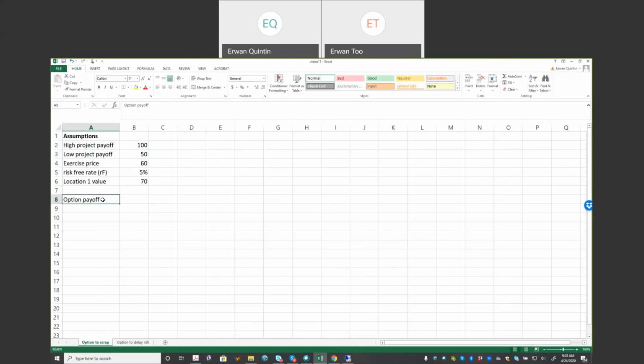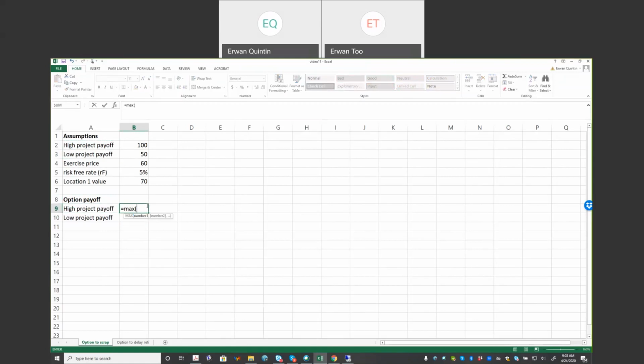And we're going to do, let me copy those two here, because the option payoff depends on whether the project payoff is high or low. So let's do this. Whenever I have an option, I get the max of two things.